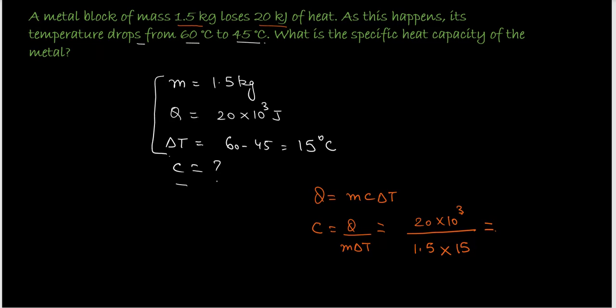Solving this, we get 888.9 joules per kg per Kelvin, or per degree Celsius. So this is our specific heat capacity, right? All we did is write down the mass, Q and delta T that is given. You should identify that clearly from the question, and then what is to be calculated, just rearrange the terms from the basic formula and you can get your answer.